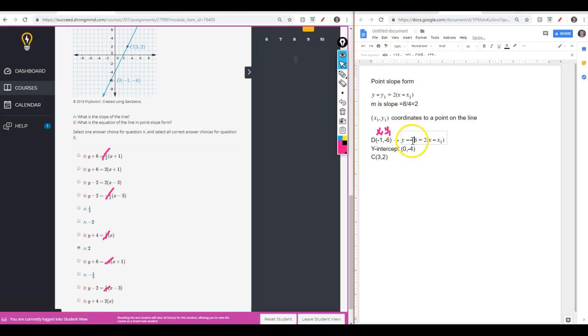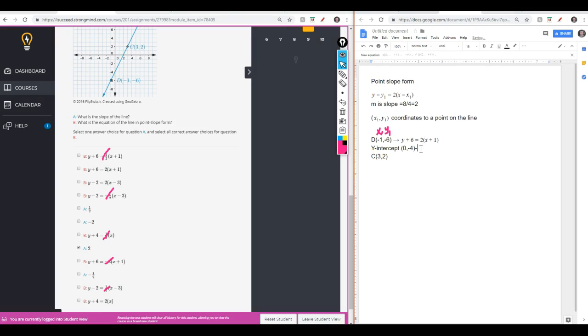And again, y minus a negative can be rewritten as plus. And x minus x1, so wherever we see x1, we're going to replace it with the -1 because that's the x coordinate. So -1 and x minus a -1 can be rewritten as plus. So that's the one I'm looking for there.